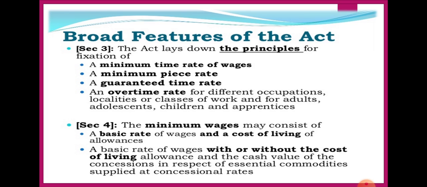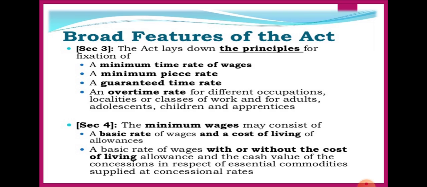So a basic rate should be decided for the wage and a cost of living allowance. That means in whatever salary they are getting, there should be their basic allowance, so they can fulfill their basic necessities, as well as pay their house rent.